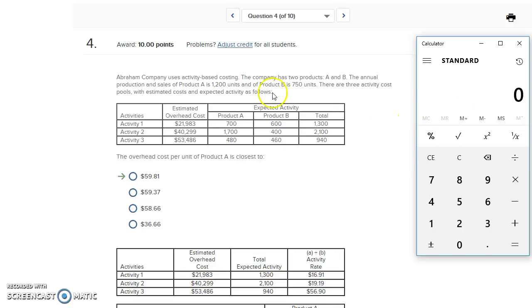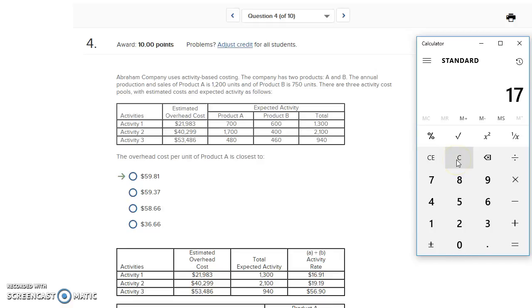Okay, so we anticipate making 1,200 of product A. So unfortunately, we can't just estimate, we've got to go ahead and go through the whole rigmarole of doing this. So product A, we're going to have 700 mixes. So 700, the cost per mix was $16.91. So 11,837.